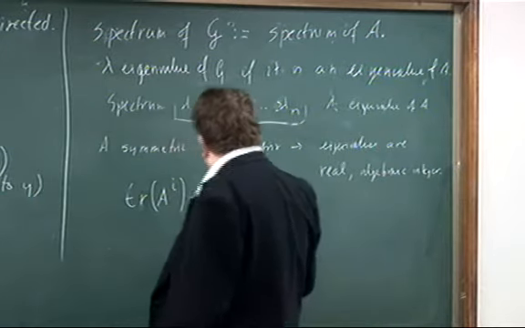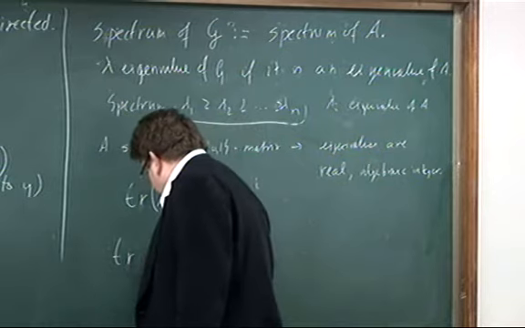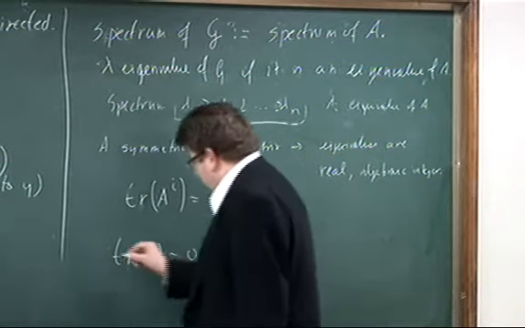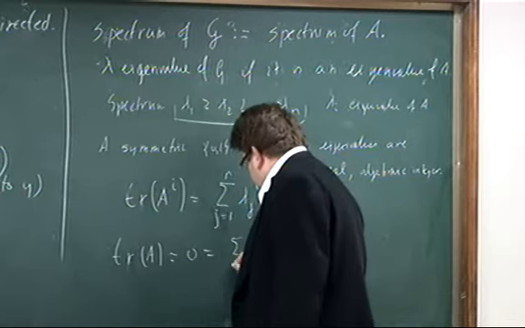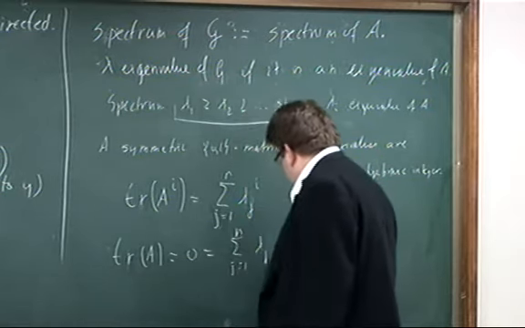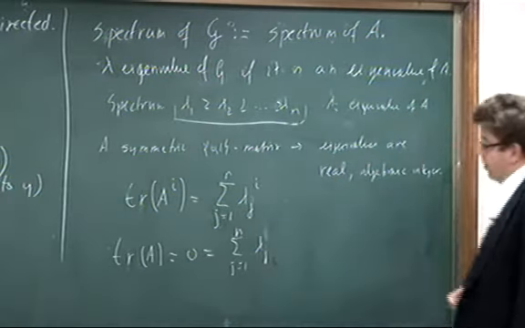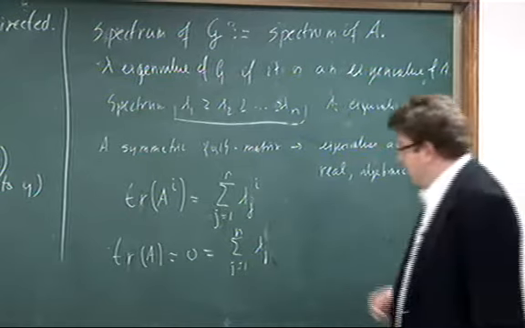But this is very useful because the trace of A is 0, but that is also the sum of lambda j, j is 1 to n. So the eigenvalues must sum up to 0. That is what it says.